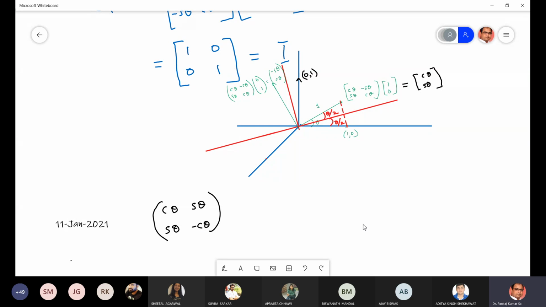Now, first of all, let us talk about the orthogonality of this. Let me call this one QR. So what about QR transpose?